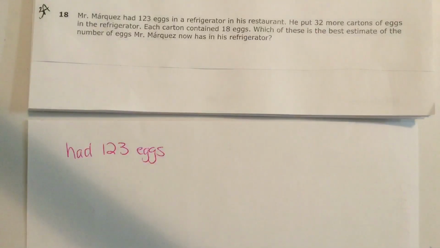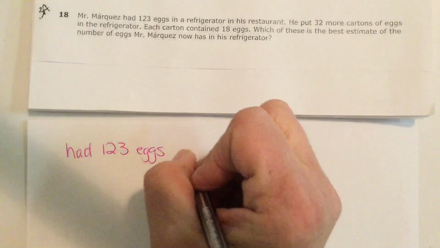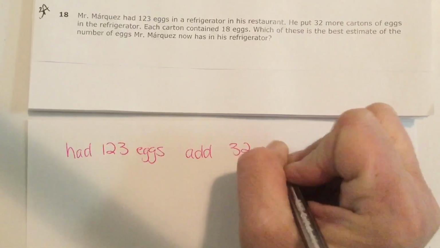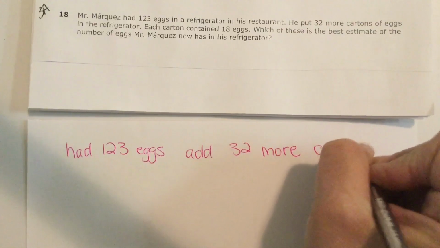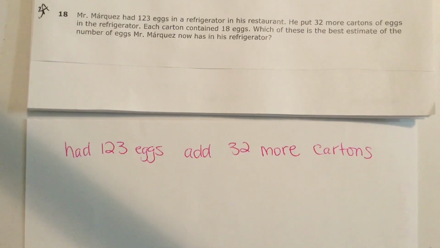Okay. He put 32 more cartons of eggs in the refrigerator. If he's putting that in, he's going to add, right, 32 more cartons. Okay, but then it says each carton contained 18 eggs.